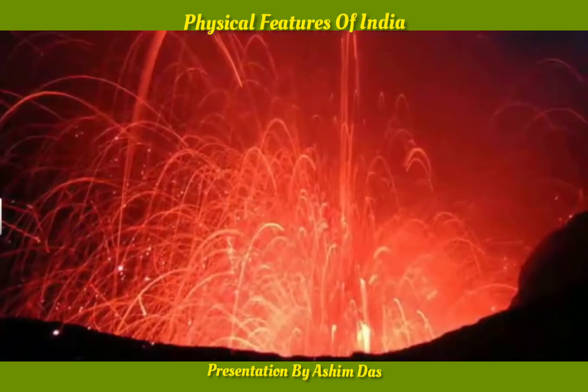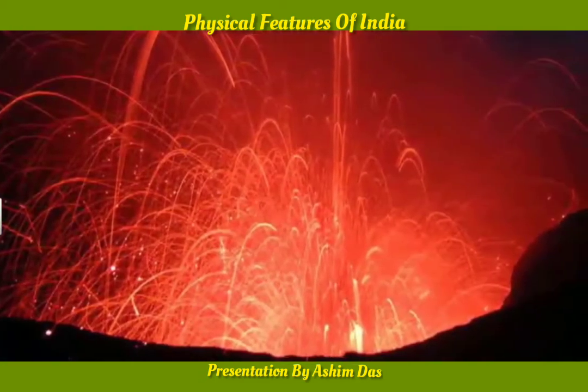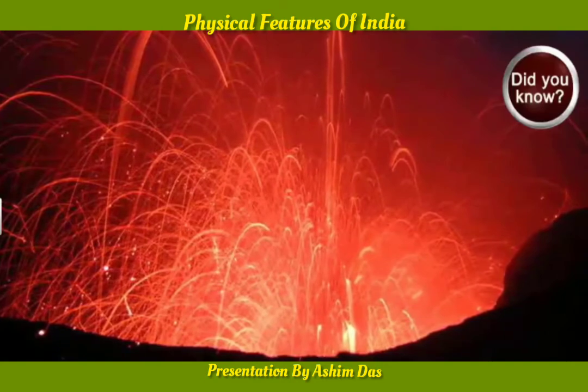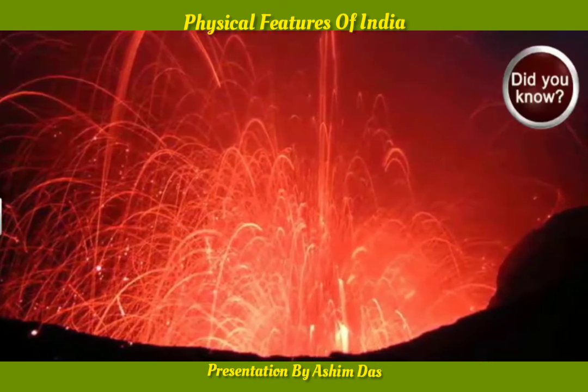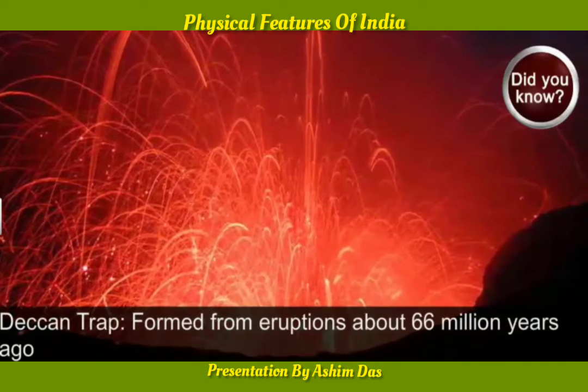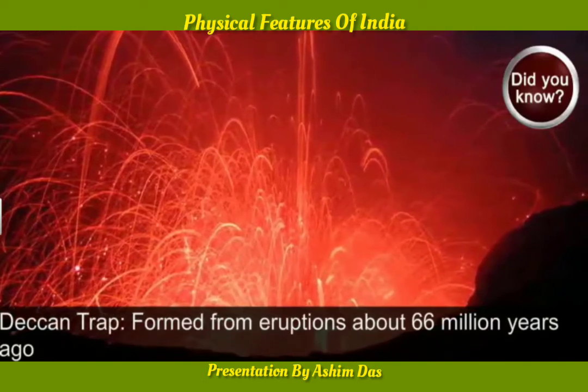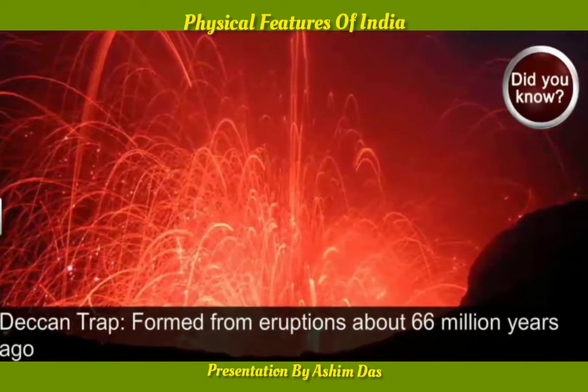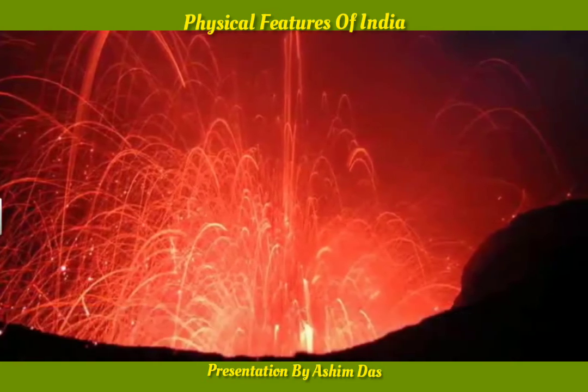Did you know the volcanic beds of the Deccan Plateau were formed in the massive Deccan Trap eruptions about 66 million years ago? The igneous rocks found in the region clearly indicate the volcanic origin of the Deccan Plateau.